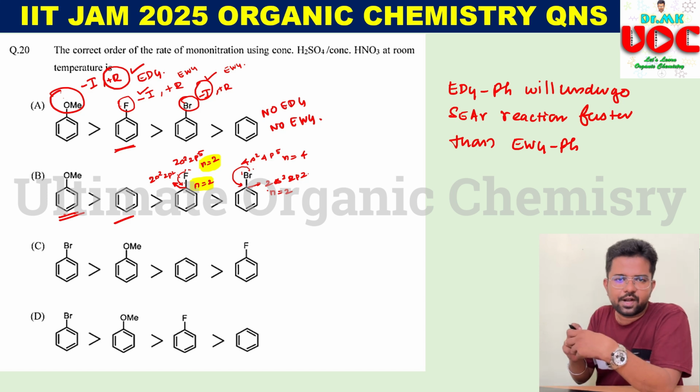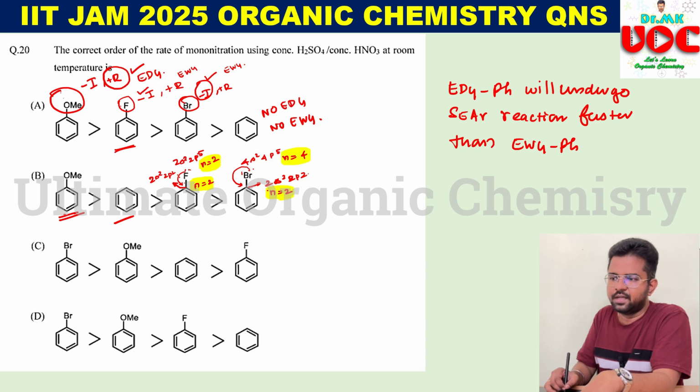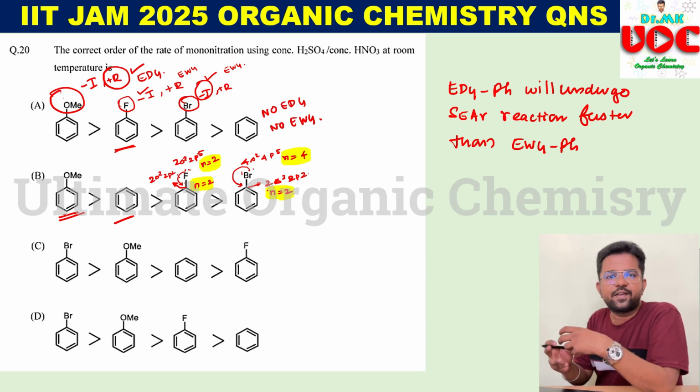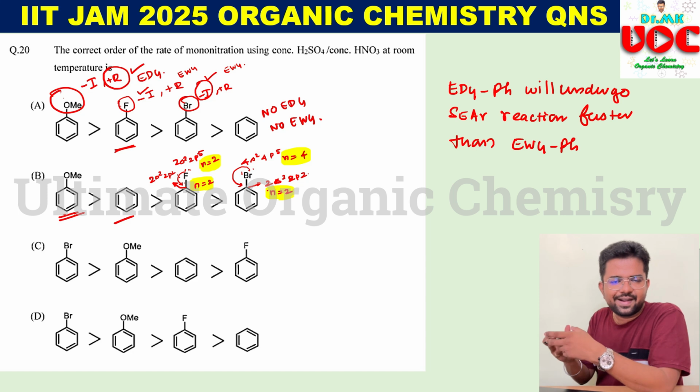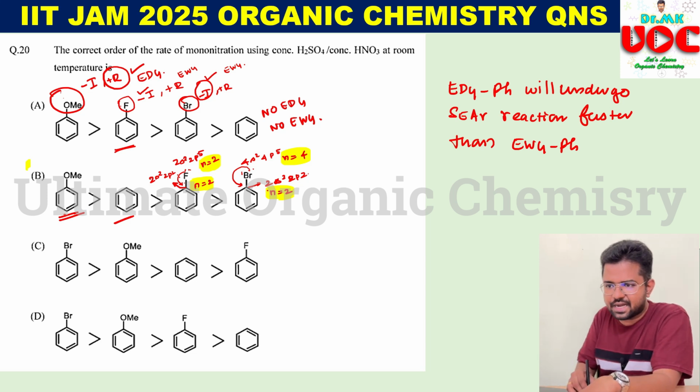So effective overlap will be there. So electron transfer, that is resonance, will be taking place more readily than in bromobenzene. For example, in bromobenzene, the principal quantum numbers are differing. So that means the effective overlap between carbon and bromine will not take place. So the electron transfer to benzene through the resonance effect will not take place that easily. So it will be less reactive in nature. So the right answer is option B.